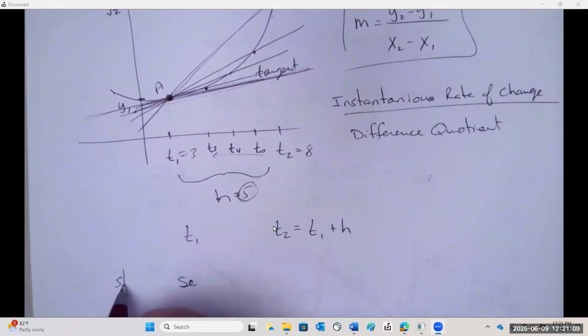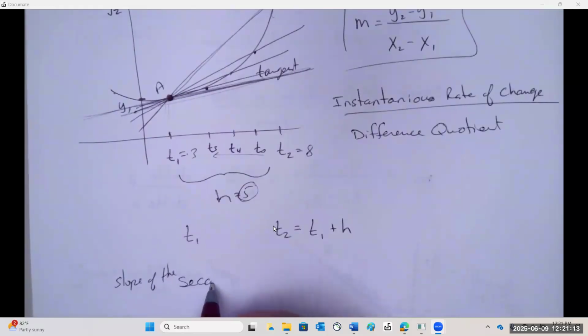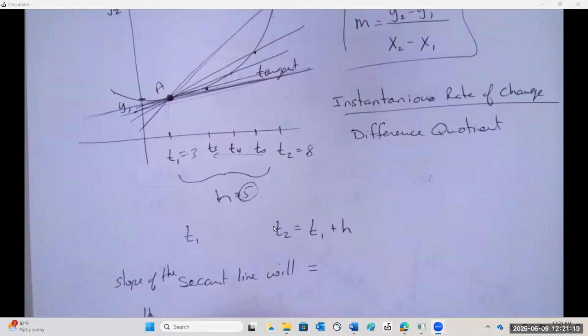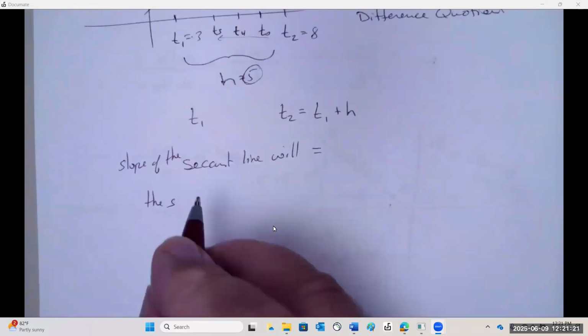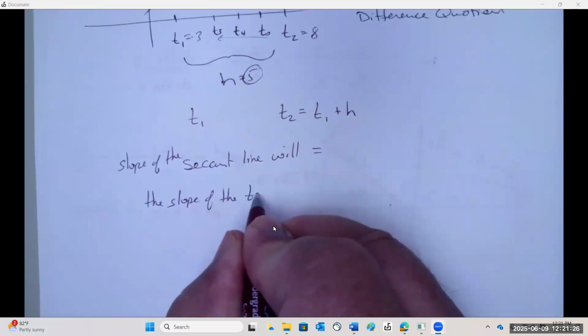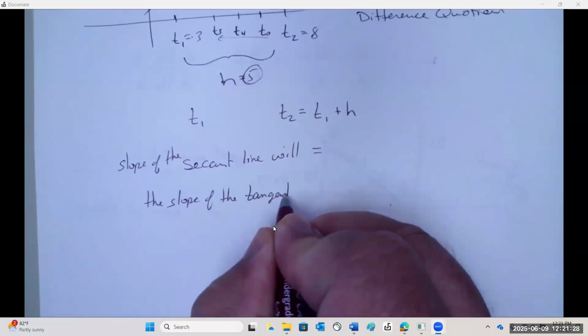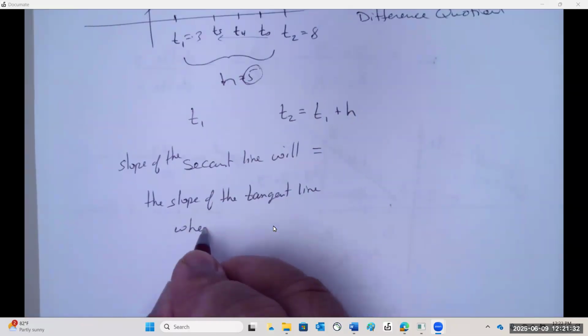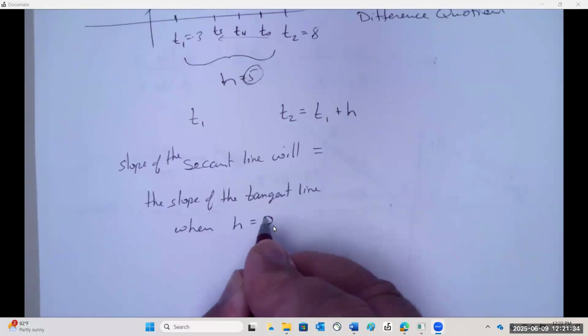The slope of the secant line will equal the slope of the tangent line when h is equal to 0.